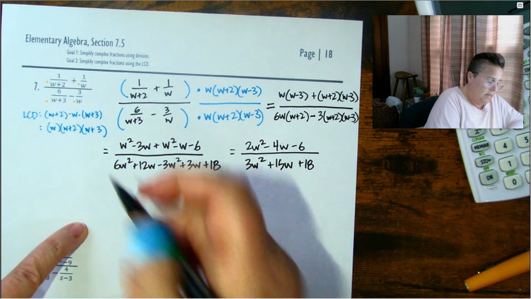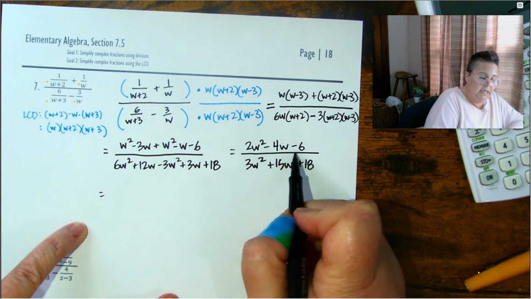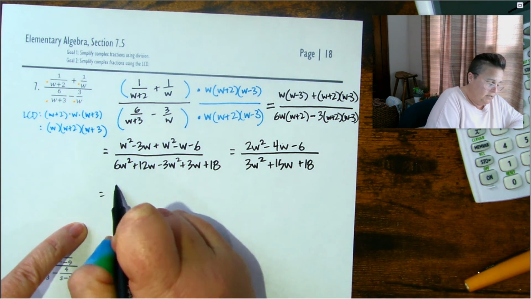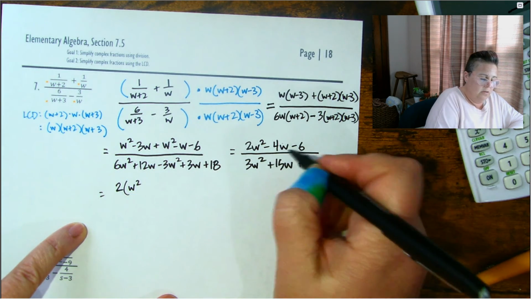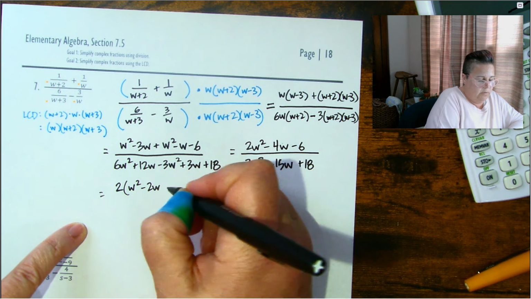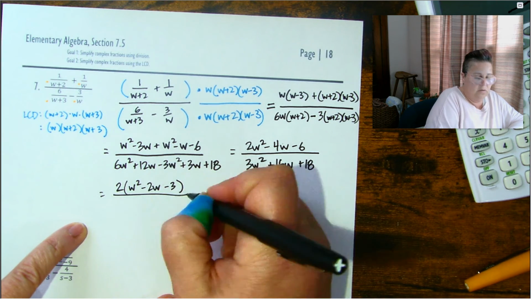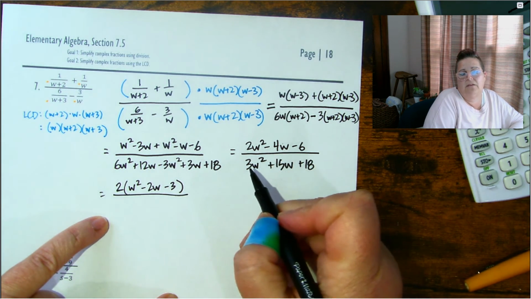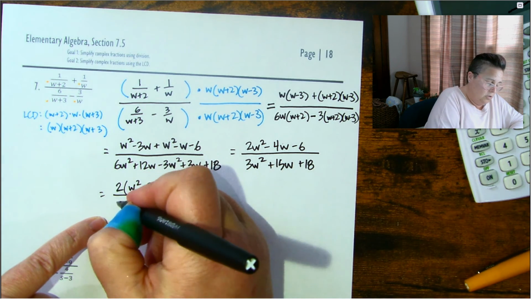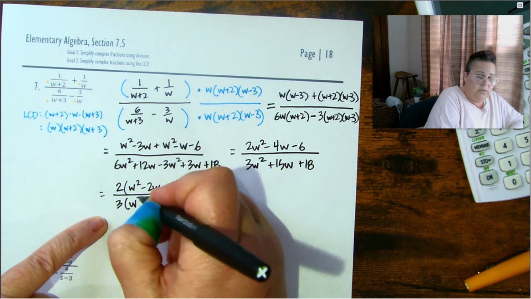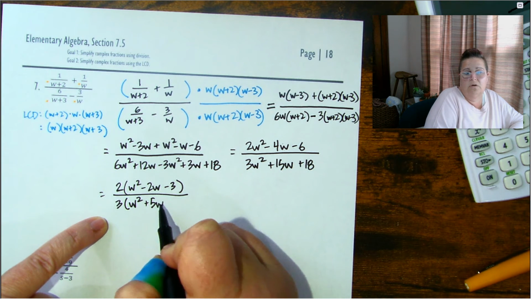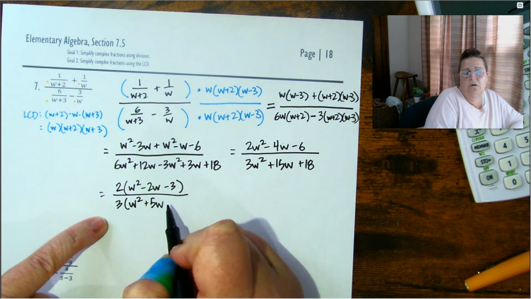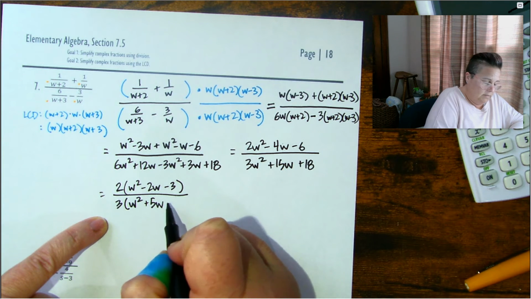Okay, now we've got to look at this guy. Can I factor? Sure, I can take a 2 out, and I'm left with w squared minus 2w minus 3. Here I can take a 3 out, and I'm left with a w squared plus 5w plus 6.